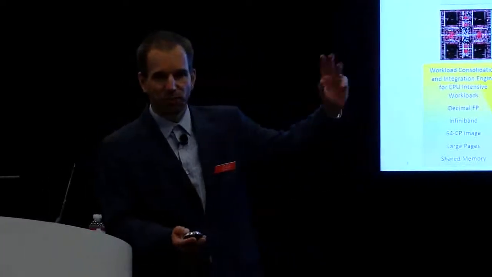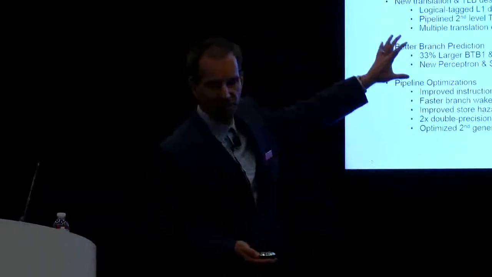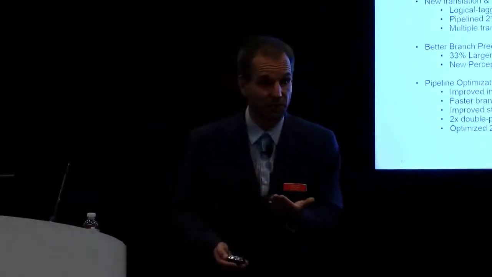If you see the evolution, most of the time we got a good boost out of technology. But if you look at the more recent generations, especially the last one, most is coming out of microarchitecture, like new microarchitecture, new accelerators that are embedded in the chip. A lot of optimization in branch prediction and pipeline optimizations. It's not so much coming from the speed of the next technology node.